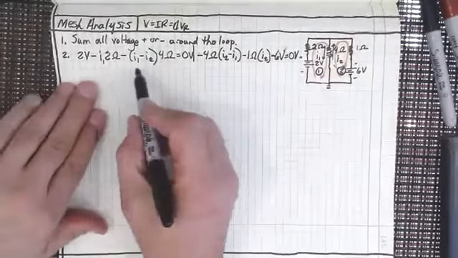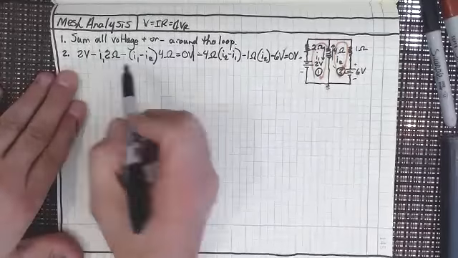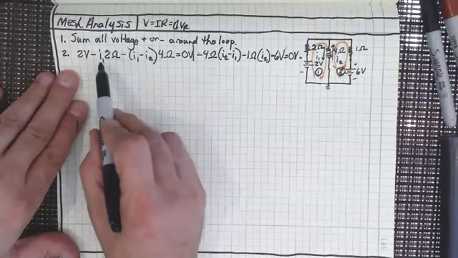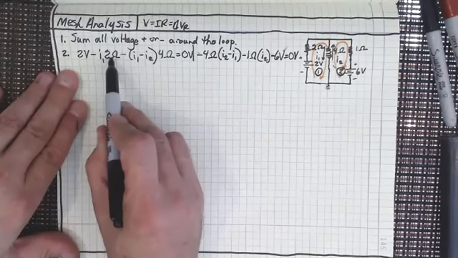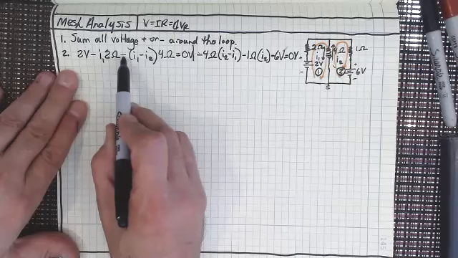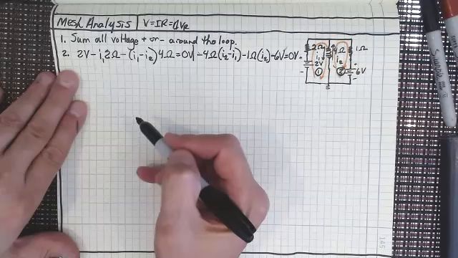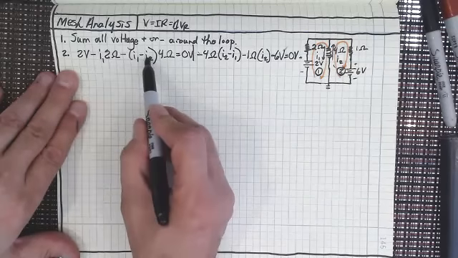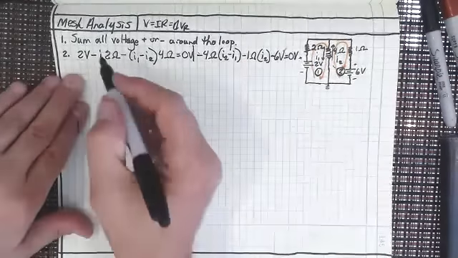Why don't we solve these a little bit? Let's just do it with I1 first. So I get minus 2 ohms I1 minus 4 ohms I1. Can we take that minus 2 ohms and that minus 4 ohms I1 and throw it on the other side? Sure, to make it positive.